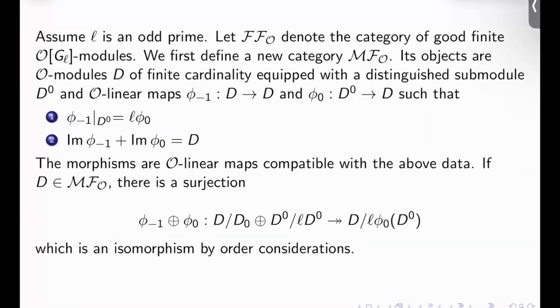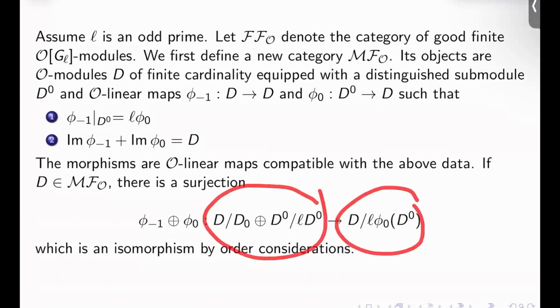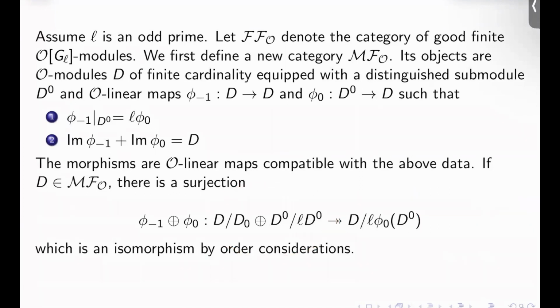Okay. We'll also just make some observations. If D is an MF_O, there's a surjection phi_{-1} direct sum phi_0 from D mod D0 direct sum D0 mod L D0 onto D mod L phi_0 of D0. And if you look at the orders of both sides, you find this is actually an isomorphism.